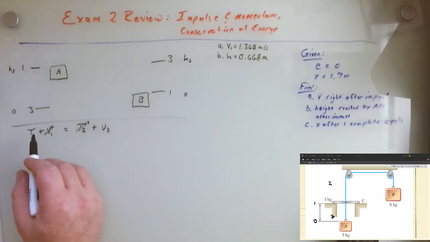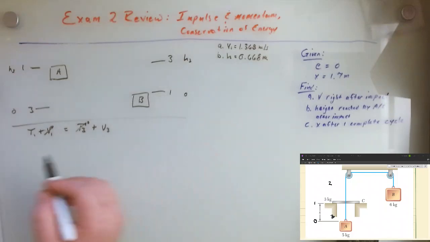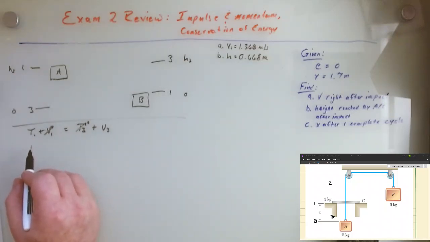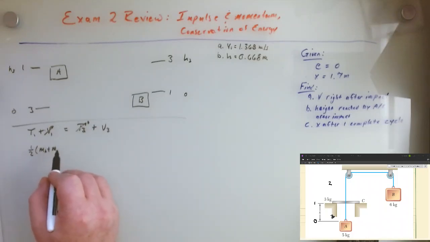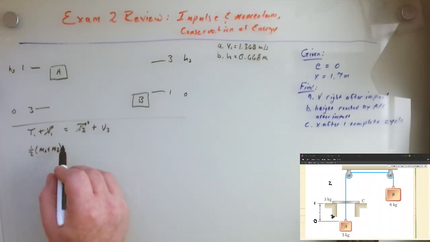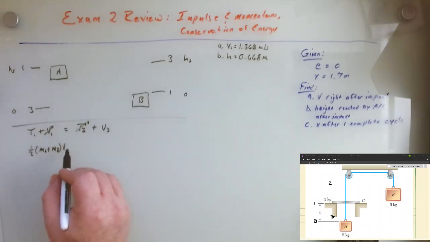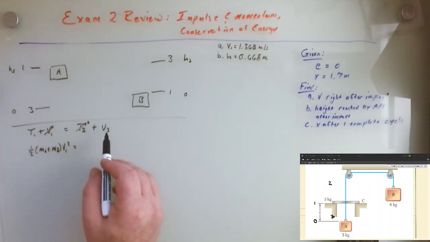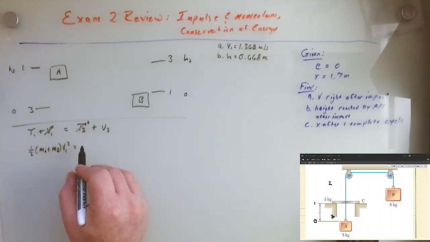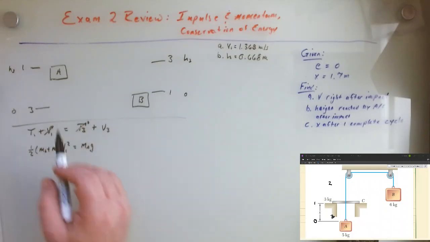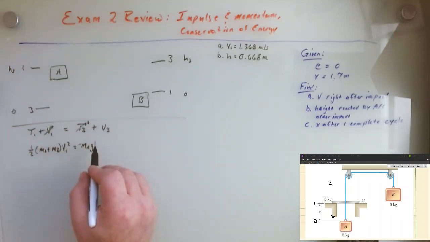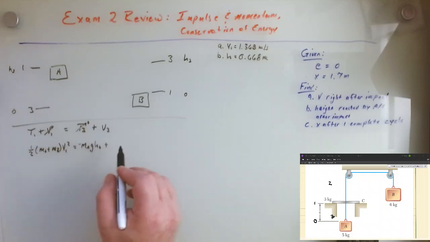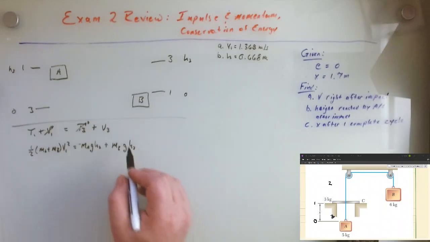And so what do we have? This is the 1.368, so our total energy here is going to be 1/2, it's mv squared, so ma plus mb times v1 squared is going to be equal to our potential energy, so mag, and now we're coming down, so this is going to be minus H3, then plus MB, G, H3.